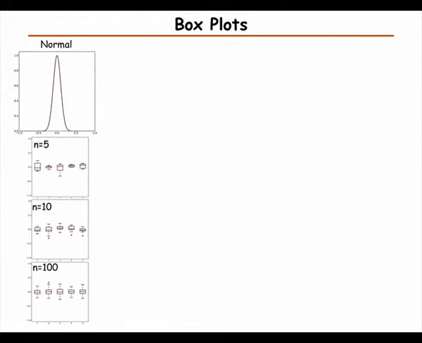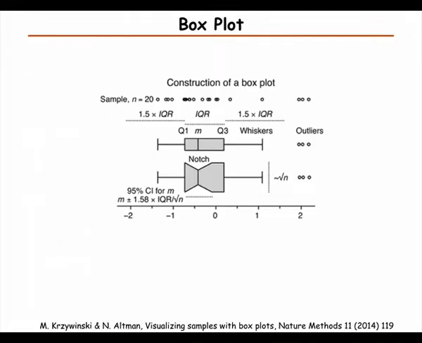So, sorry, the size of the notch. So the entire box in the notch plot is Q1 to Q3, and then there's a little indentation from Q3 up to the median. So the indentation is the median and showing the 95% confidence interval for the median.